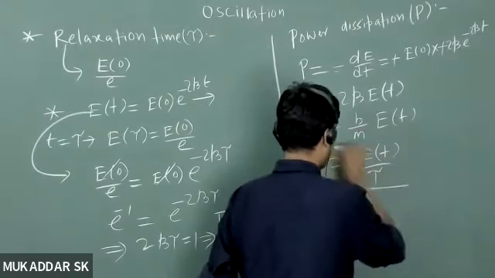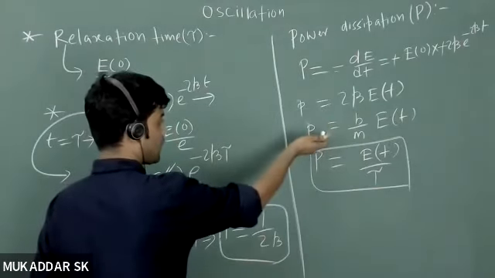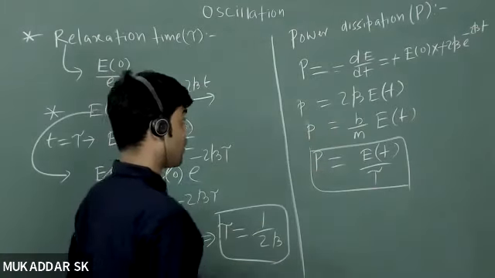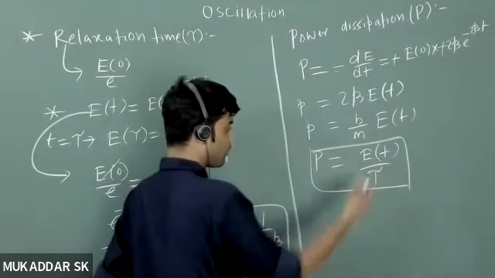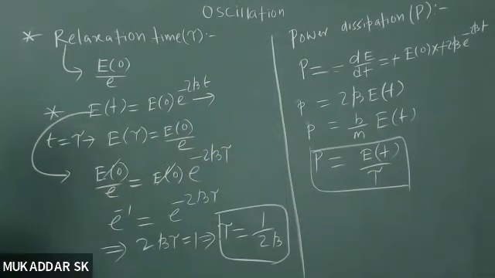So there are different forms of power dissipation. They may give you beta, or they may provide relaxation time, and ask for dissipation. Okay, is this part clear what I'm trying to say?